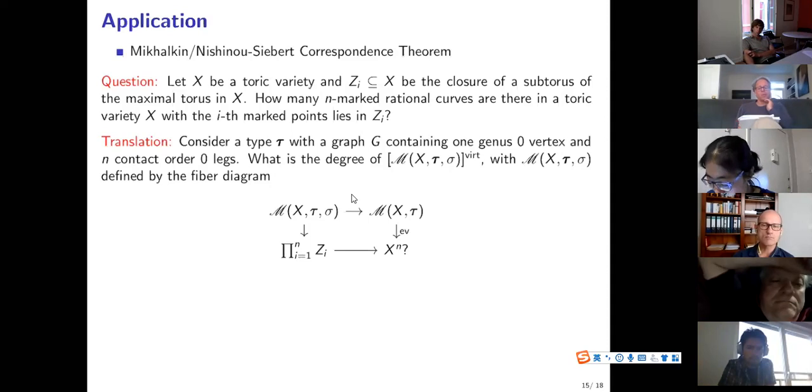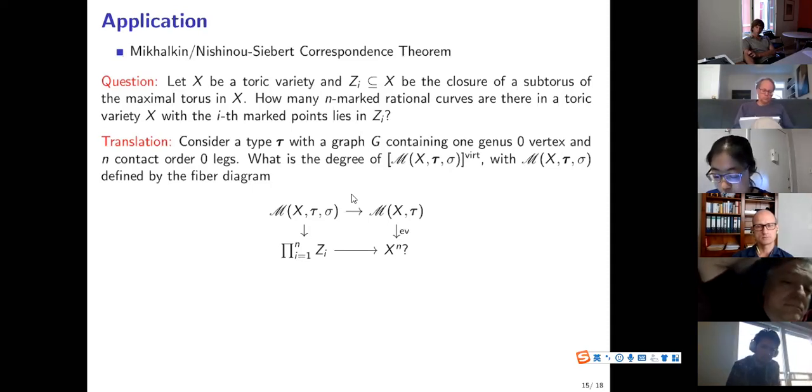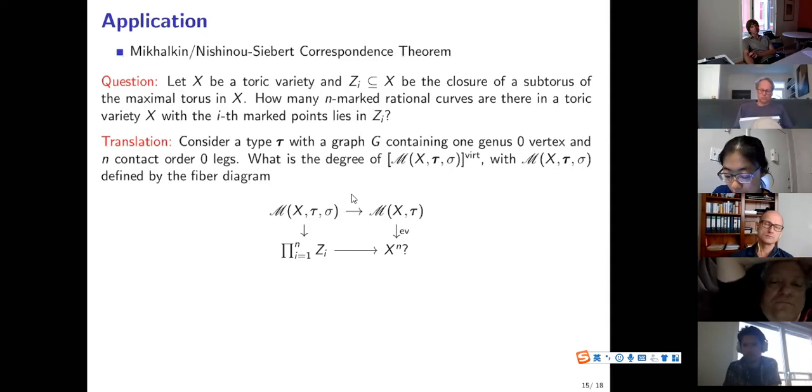The type we're looking at is where we simply map to the middle vertex. The moduli space is obtained by taking the fiber product over the inclusion of the marked points.